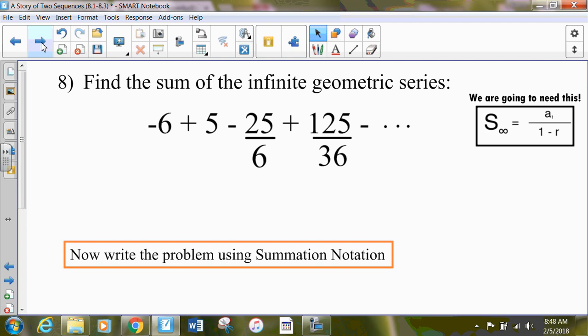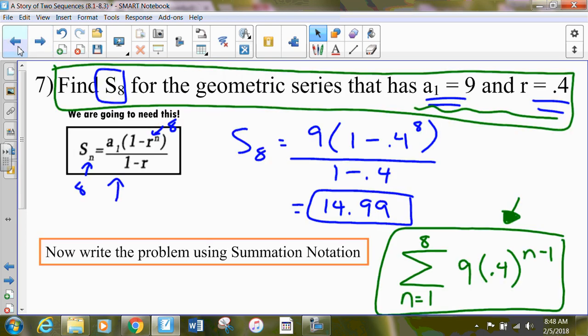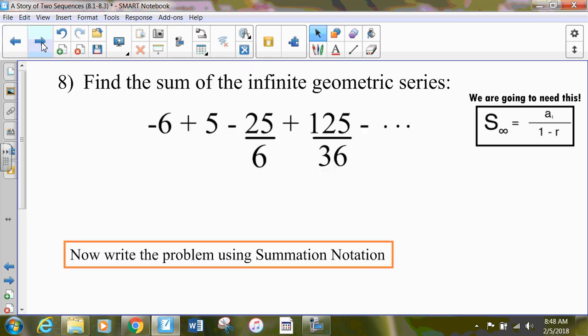All right, so 8, it's also a sum formula, but instead of 7, which was a partial sum, with 7 we were just taking the sum of the first 8 terms, yet a sequence goes on and on forever, right? So number 8, we're looking at a sequence that goes on and on forever, and we're being asked to take the sum of that sequence as it's going on and on forever, which is kind of crazy.